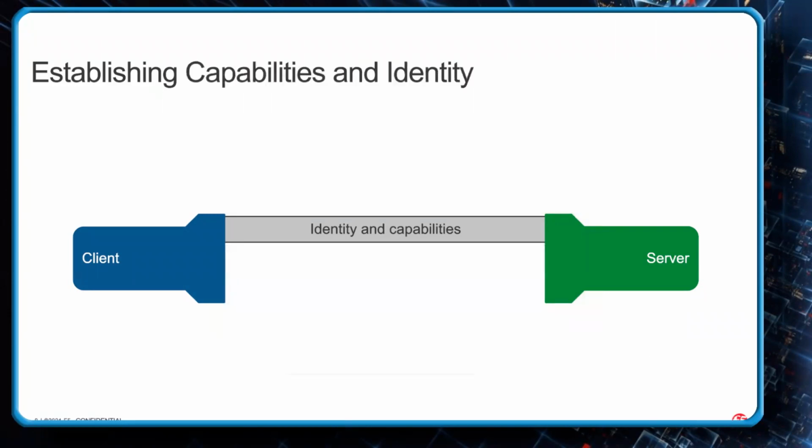So establishing the capabilities and identities is among the first things that we're doing, right? So we need to establish a cipher suite that each of the client and the server understand and support. And optimally, we want to use as complex a cipher as we can. So the list of supported suites needs to be exchanged between the client and the server, and a specific one agreed upon.